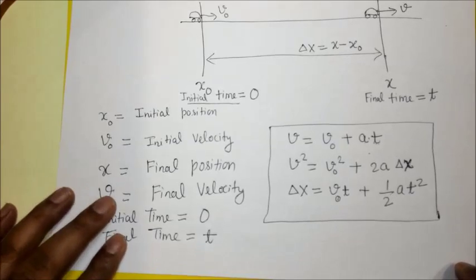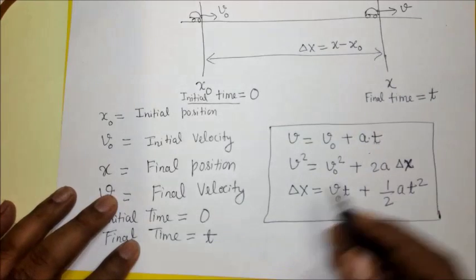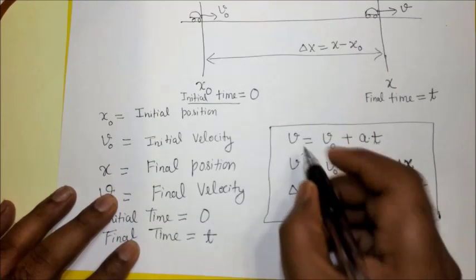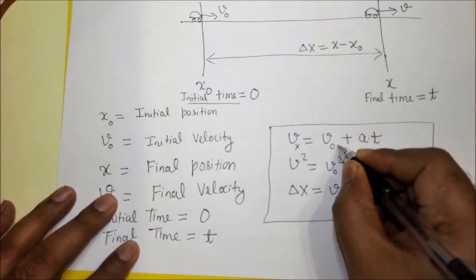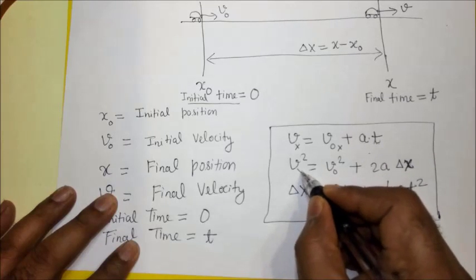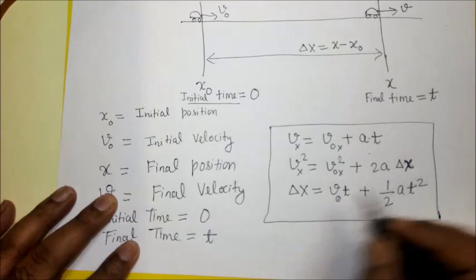Many times, for clarity, if something is moving along the x direction, we add the extra suffix here. v final x is equal to v initial x plus at. v final x squared is equal to v initial x squared plus 2a delta x.